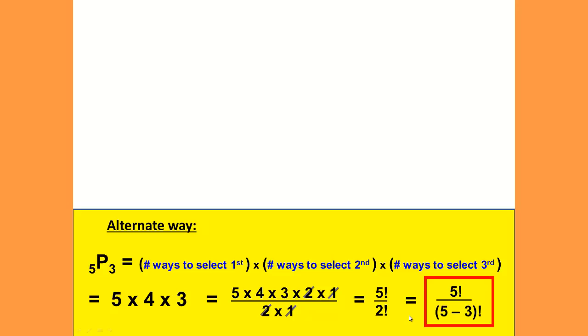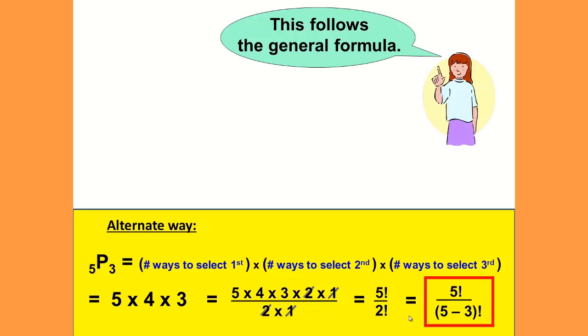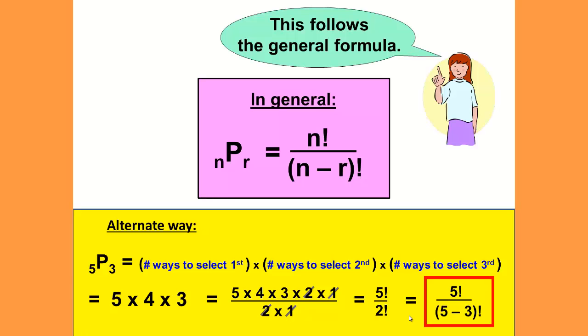Keeping that in mind, remember our general formula is nPr equals n factorial over n minus r factorial. n being the total number we're selecting from, and n minus r factorial on the bottom being the difference between the total and the number we're selecting.